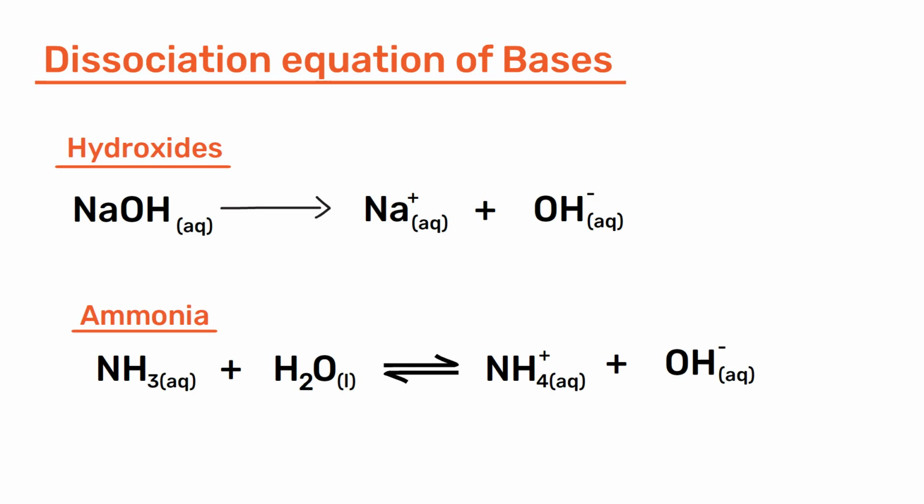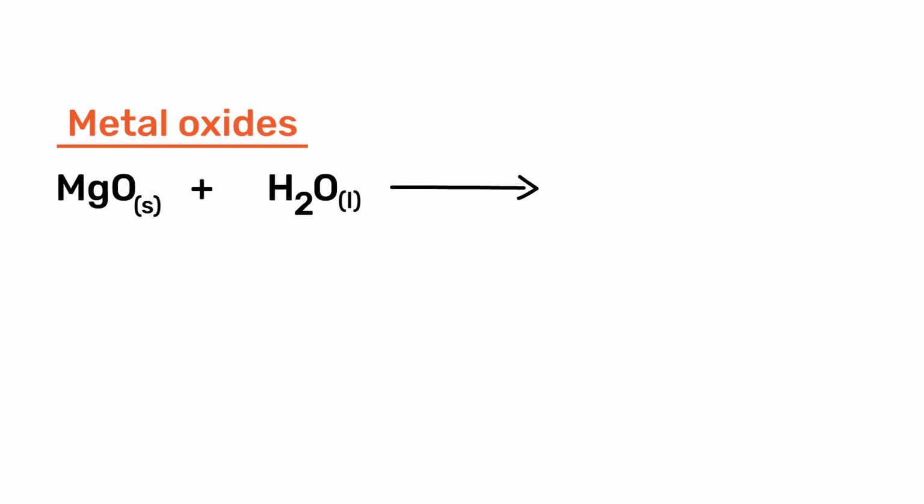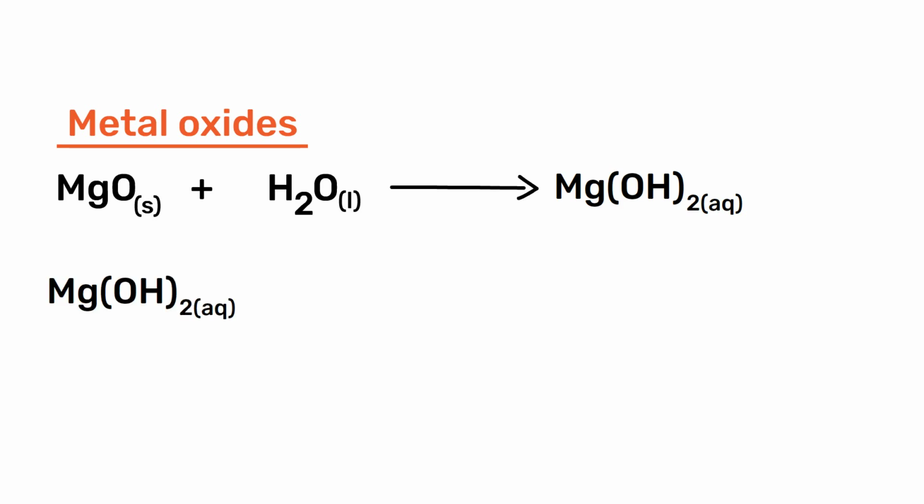You'll note that there is a double arrow in this equation, which means ammonia generates very few hydroxide ions and quickly reaches a state of equilibrium. Metal oxides react with water to form hydroxides, and the hydroxide then dissociates to form metal ion and hydroxide ion.